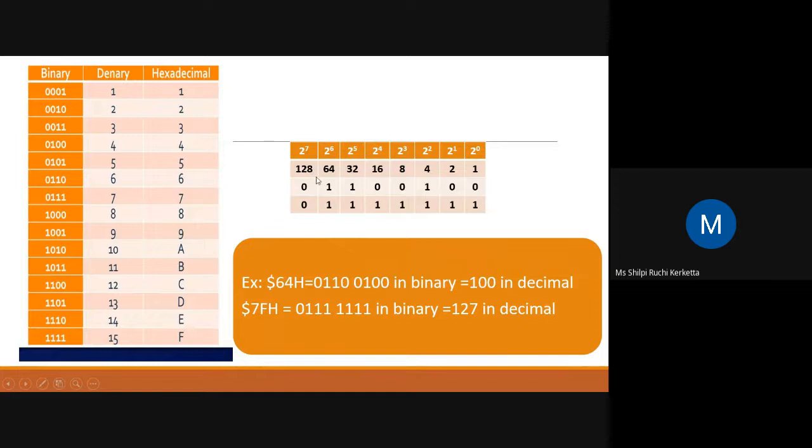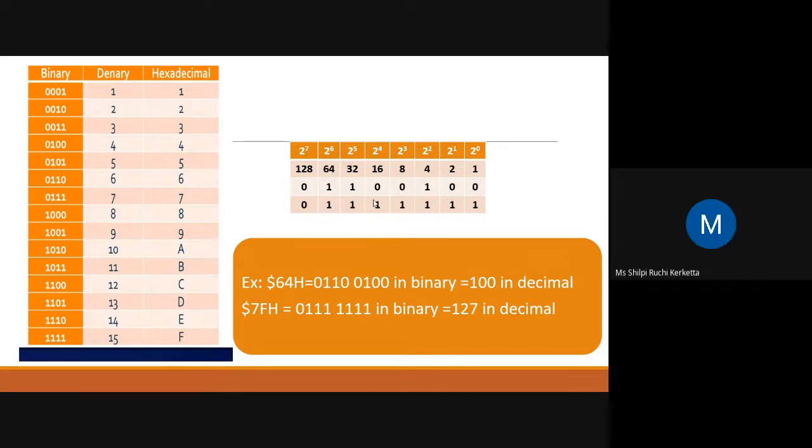Then we add whatever is below. So 64 into 1 will be 64, plus 32 into 1 will be 32, then 4 into 1 will be 4. So we add 64 plus 32 plus 4. What is 64 plus 32? 96.